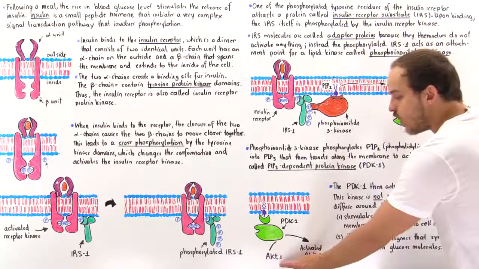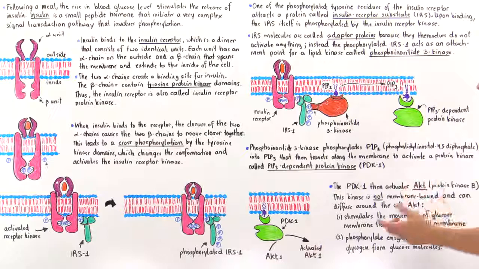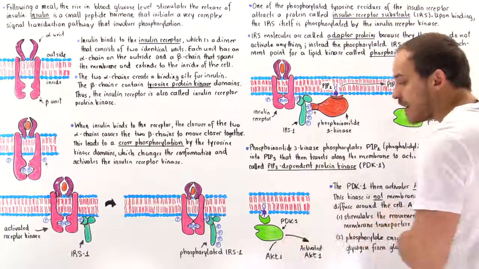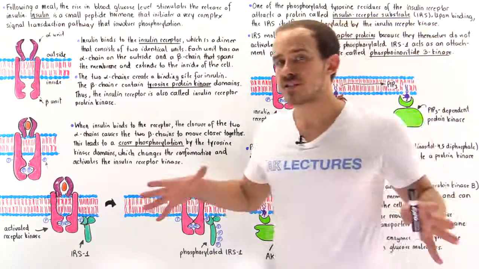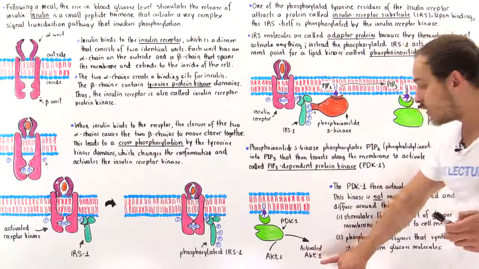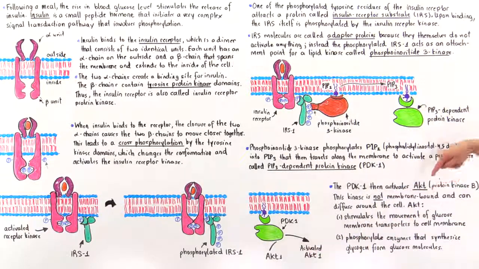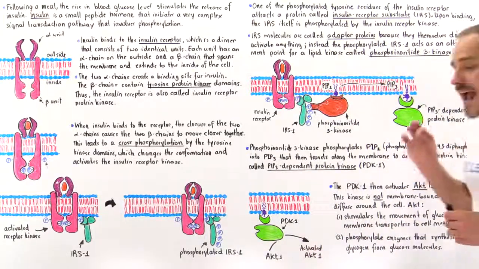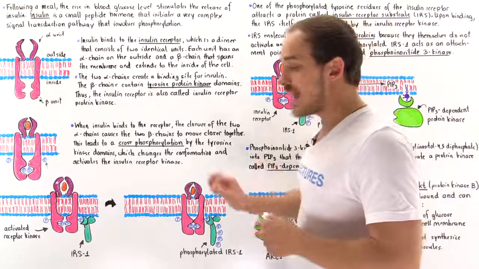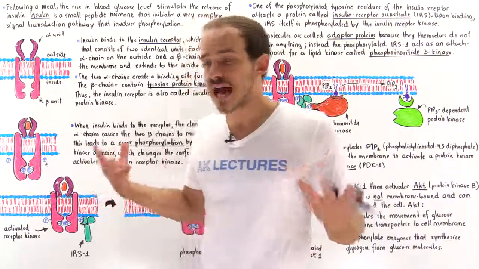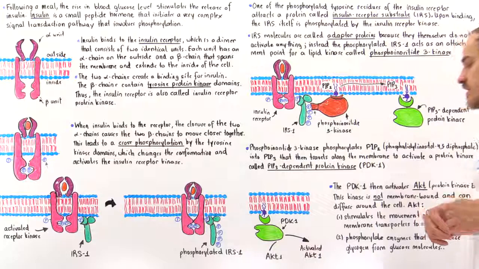So AKT is activated, and once this is activated, it can basically diffuse across the cell. This protein kinase B, AKT, is not actually bound to the cell membrane, and it can move anywhere within the cytoplasm of that particular cell.